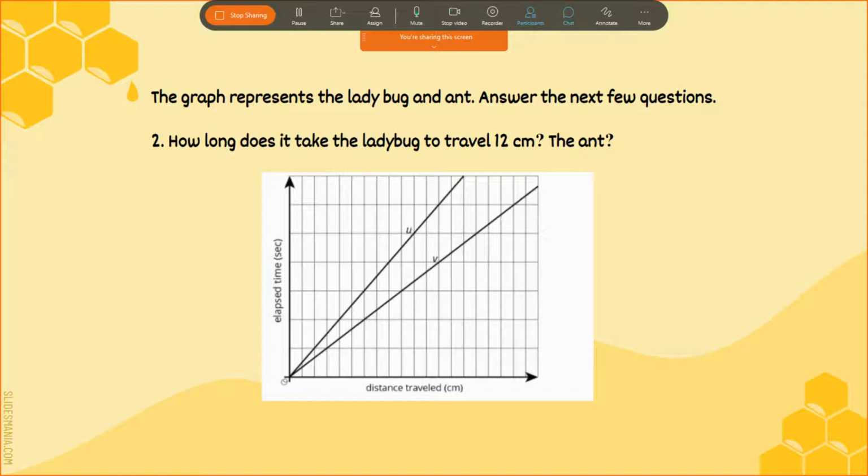Use the graph to help you. Where are my centimeters? How would I find out where 12 centimeters is on my line? Use the graph to help you.